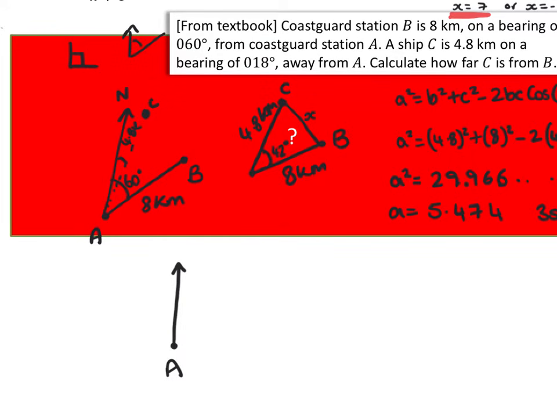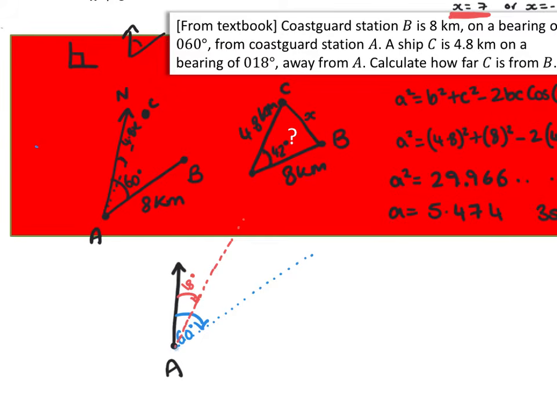Right, let's just imagine 60 degrees is somewhere along this blue line, okay? So this blue line, we know from here to here is 60, from bearings. Using our red line, we know from here to here is 18 degrees, okay? Now, it tells us in the question that our B is 8 kilometres.